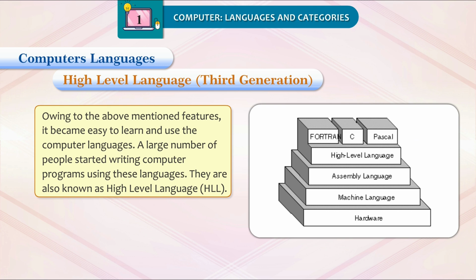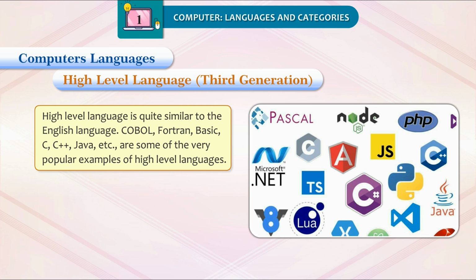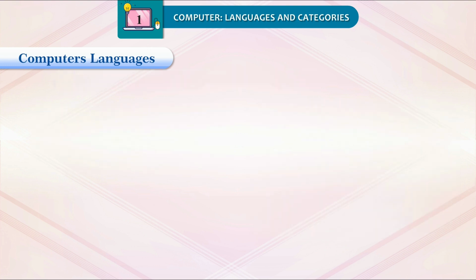A large number of people started writing computer programs using these languages. They are also known as high-level language, HLL. High-level language is quite similar to the English language. COBOL, Fortran, BASIC, C, C++, Java, etc. are some of the very popular examples of high-level languages.